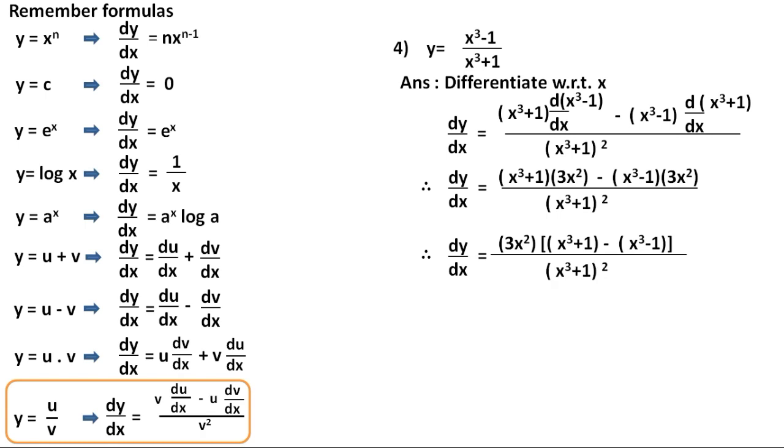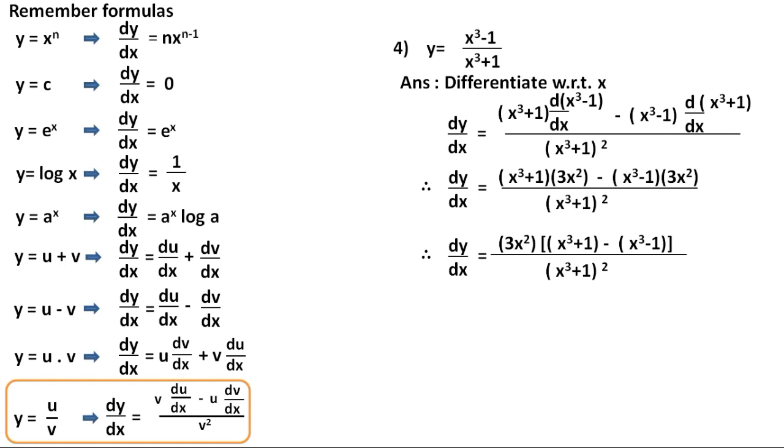Now, remove the brackets inside. Removing brackets, that is, see, x raised to 3 plus 1 minus x raised to 3 minus 1. See, minus sign goes inside the bracket, what is it? Minus x raised to 3 and minus minus plus 1.